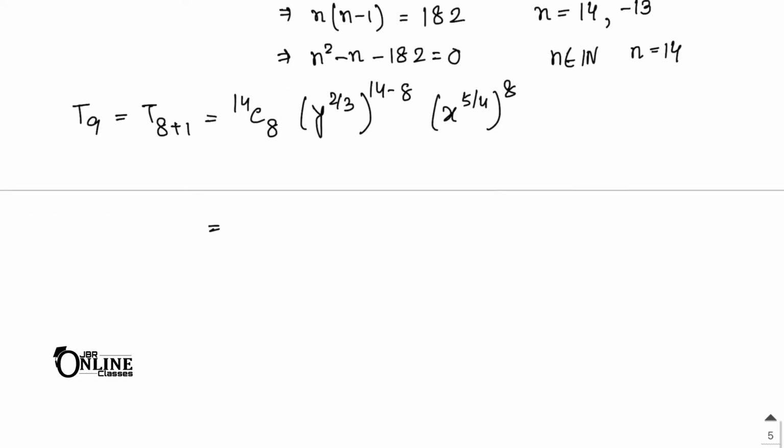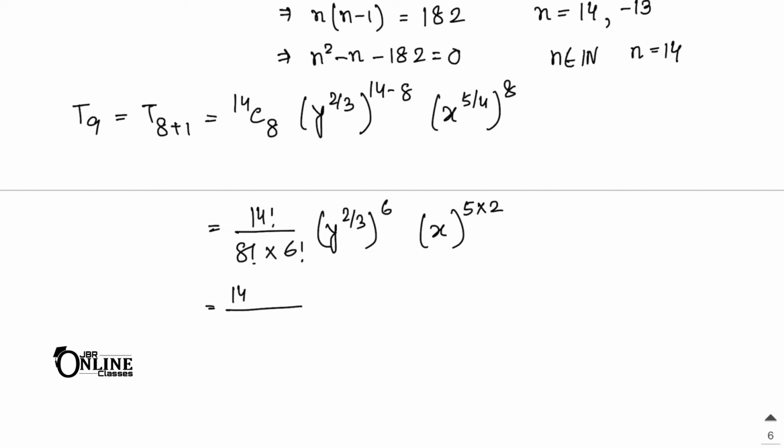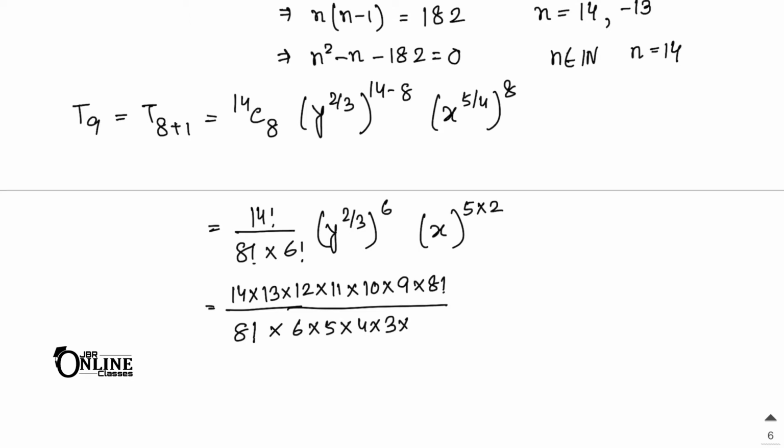So that equals 14C8, which means 14 factorial divided by 8 factorial into 6 factorial, and y^(2/3) whole to the power 6, x^(5 into 2), because 4 cancels out with 8, it becomes 2. So it will be 14 into 13 into 12 into 11 into 10 into 9 into 8 factorial, and that one will be 8 factorial, then 6 into 5, 4, 3, 2, 1. And here it's y^4 and x^10.